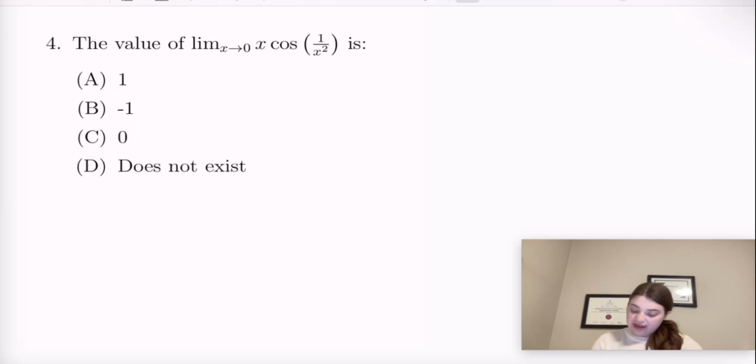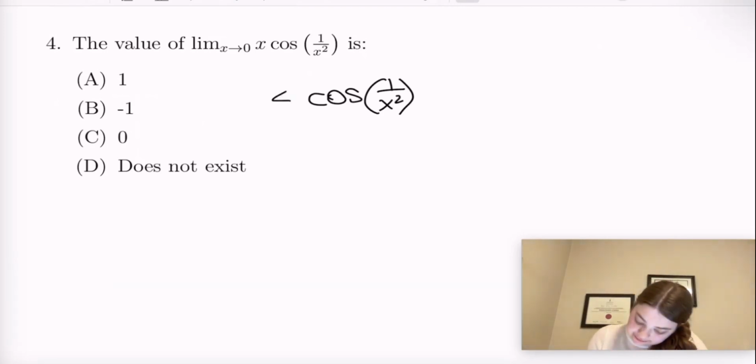So here's the thing. We know that cosine of 1 over x squared, right? Cosine of anything that hasn't had an amplitude that's been changed, which this has not, right? Anything in this format would have to be between 0 and 1.